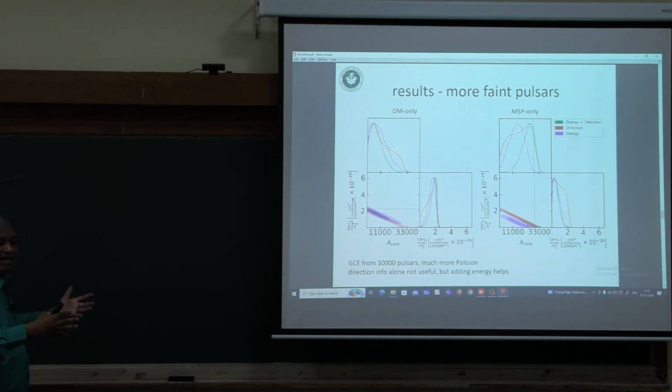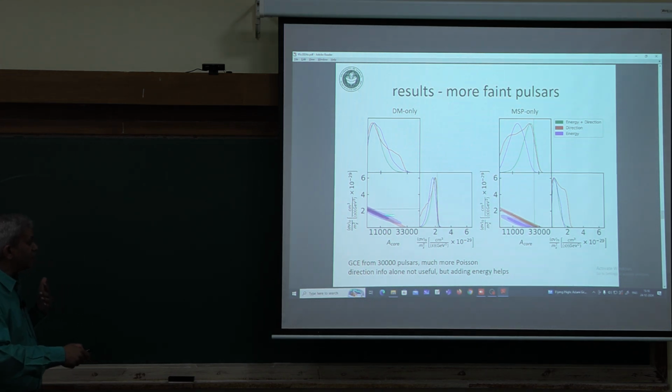So you can, again, analyze that kind of system, train the networks against those two models, and analyze mock data generated from a true model where it's either dark matter only or millisecond pulsars only, which are generating the galactic center excess. Again, assuming their spectra are as degenerate as you can make it, so the dark matter spectrum is the same as the average millisecond pulsar spectrum. What you see is that directional information alone basically doesn't tell you much of anything.